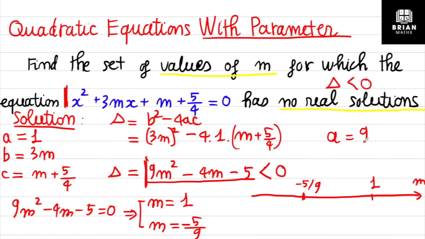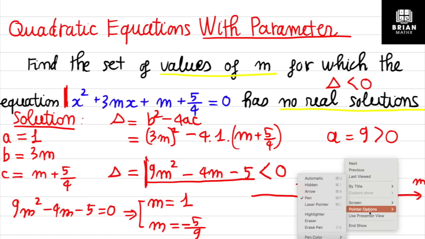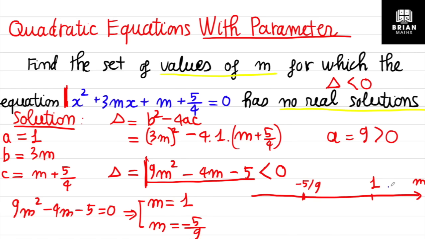So a equal to 9, it is positive. And the two parts outside on the number line will be positive. I will change the pen. So this one will be positive, and here is positive, and the negative will appear in the middle part.